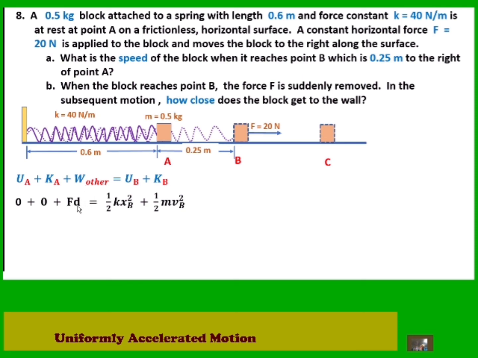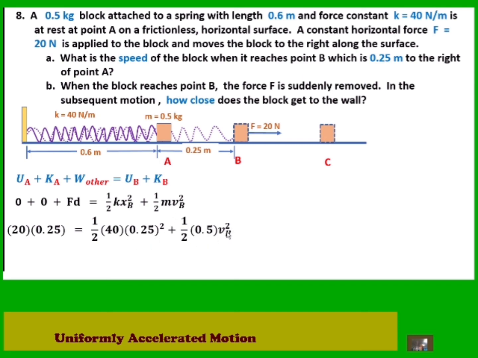So work is equal to force times distance. At point B, it has elastic potential energy equal to 1/2 kx squared. Its kinetic energy at point B is 1/2 mv squared. So substitute the values. Force is 20, distance is 0.25, k is 40, x is 0.25, m is 0.5.